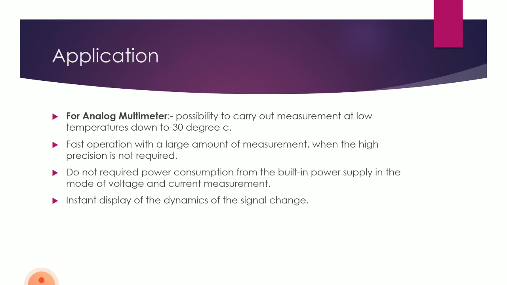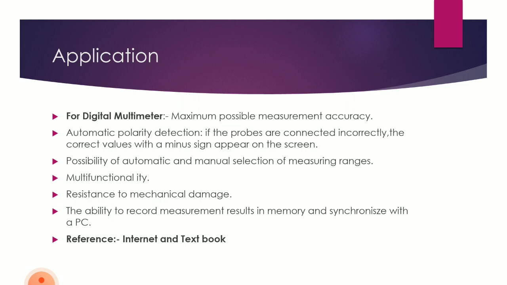And then we see application of digital multimeter. For digital multimeter, maximum possible measurement accuracy. Means digital multimeter does not show incorrect or inaccurate measurement. Automatic polarity detection: if the probes are connected incorrectly, the correct value with a minus sign appears on the screen.